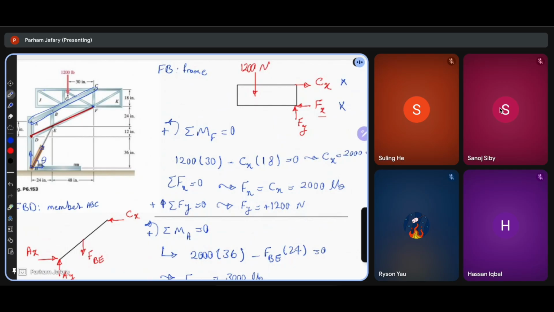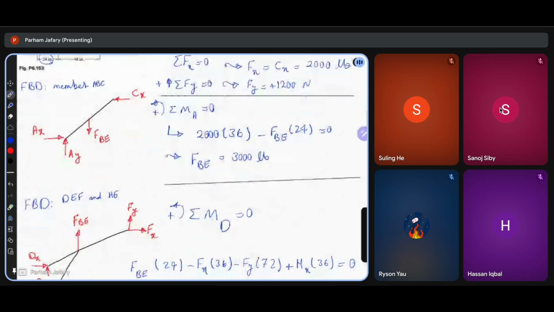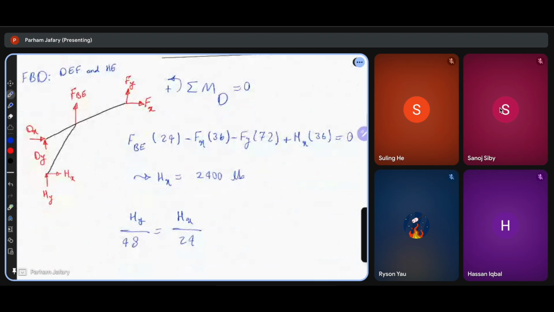And the simplest way to do it is using the tangent. So these two, which is here, over this side, which is here, okay? This will give you Hy equal to 4,800.